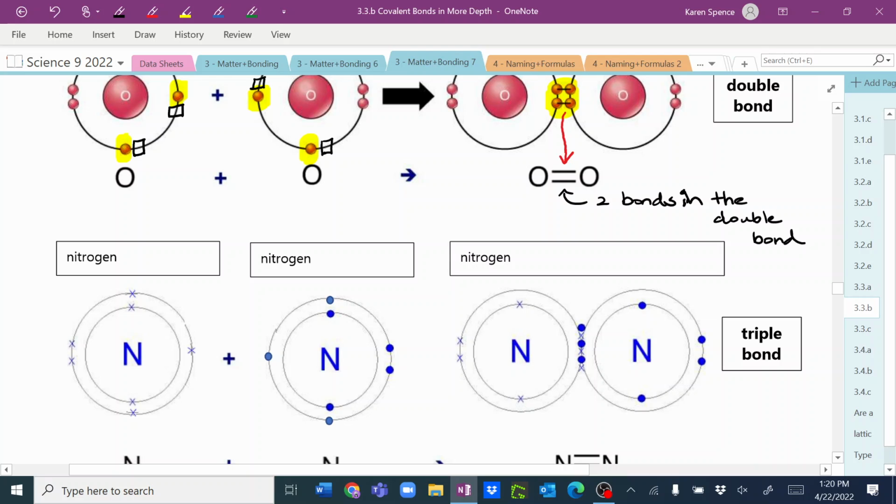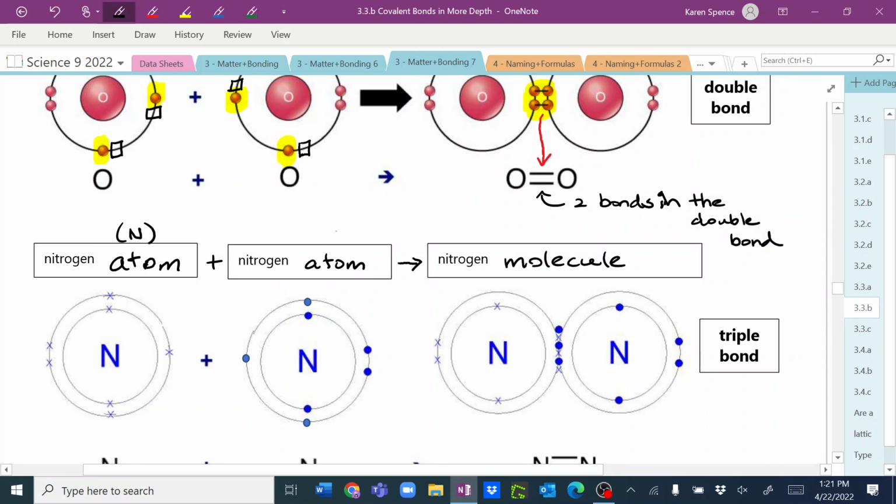The symbol for the nitrogen atom, of course, would be N. The other one would also be N. And how about our nitrogen molecule? N2, which means what kind of element is it? If it's got a little 2 at the bottom, diatomic, okay? Never goes around without its little partner.